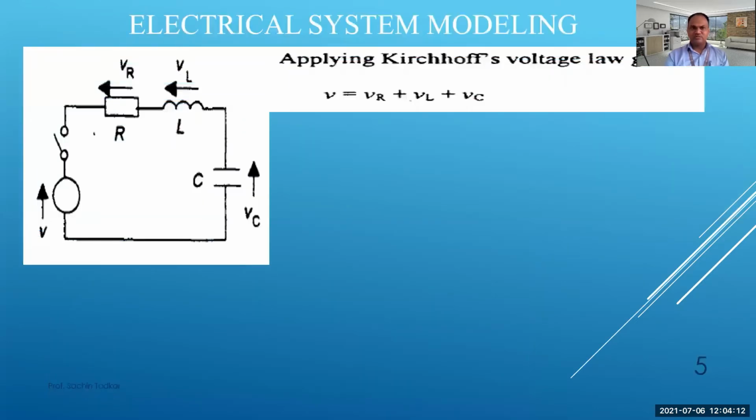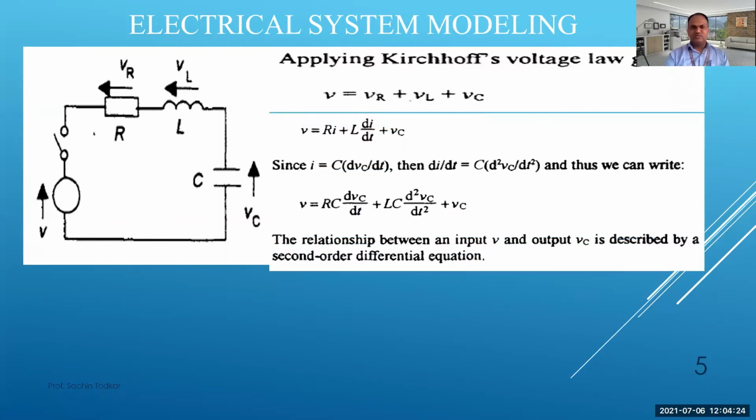By Kirchhoff's law, we know that total voltage will be equal to VR, the voltage across resistance, plus voltage across inductance plus voltage across capacitance. So the equation will become R into I, because VR is equal to RI. VL is equal to L into di by dt, and VC.